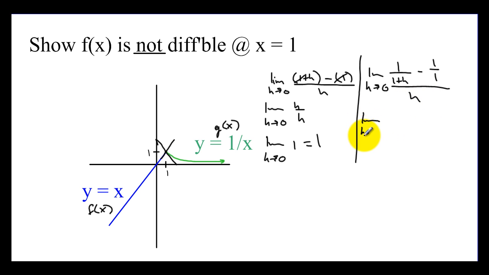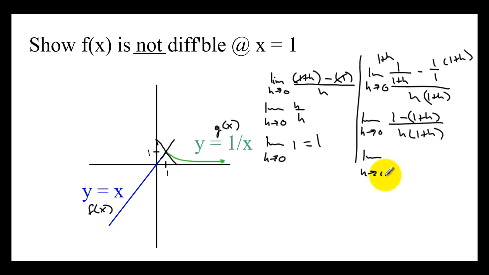So we have the limit as h approaches 0 of, well, we've got to get rid of this complex fraction, so we're going to multiply everything by 1 plus h. So we're going to have 1 minus 1 plus h, in parentheses, all over h times 1 plus h. So we have the limit as h approaches 0 of the 1 minus 1 is going to cancel.